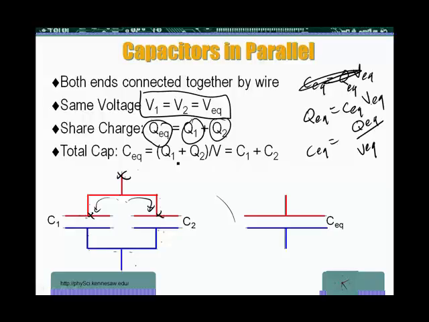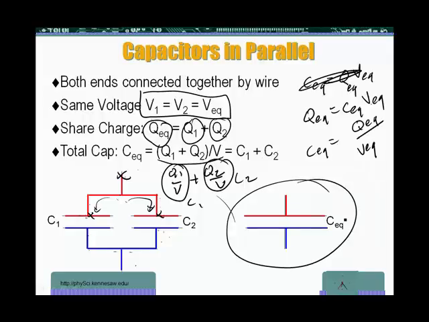But if I rewrite this, that's Q1 over V plus Q2 over V. Q1 over V is C1, Q2 over V is C2. So what this is telling me is if I place 2 capacitors in parallel, it's equivalent to having another capacitor whose capacitance is the sum of the capacitance of both capacitors.